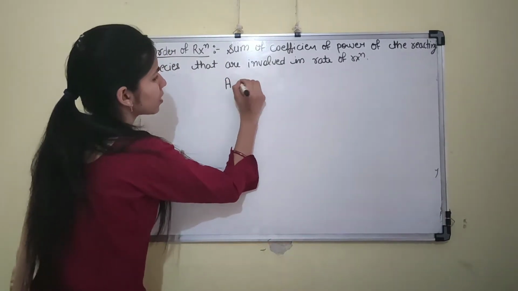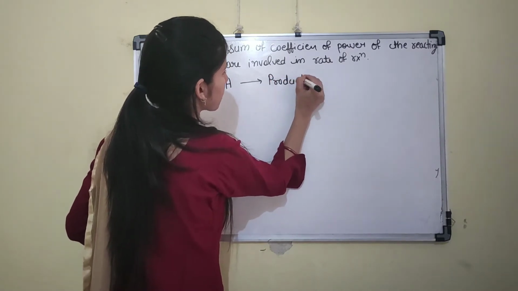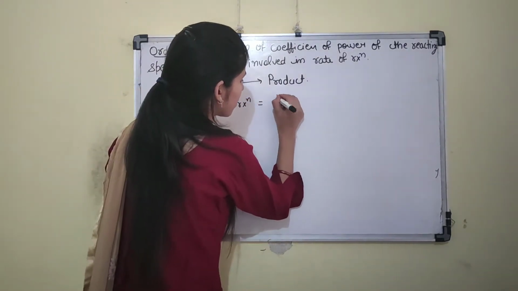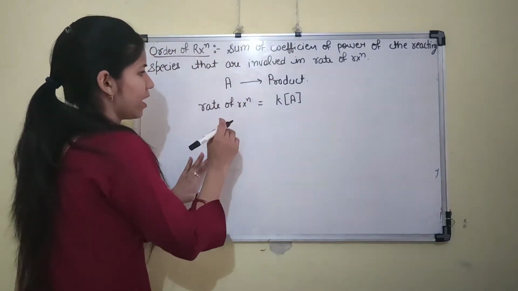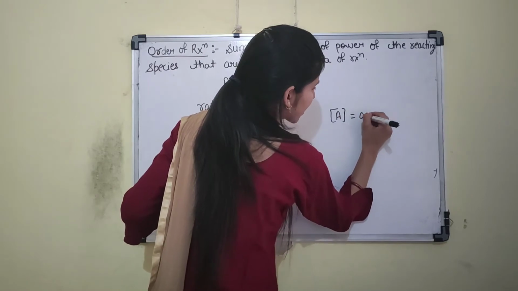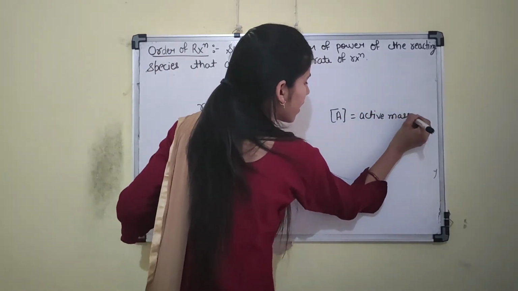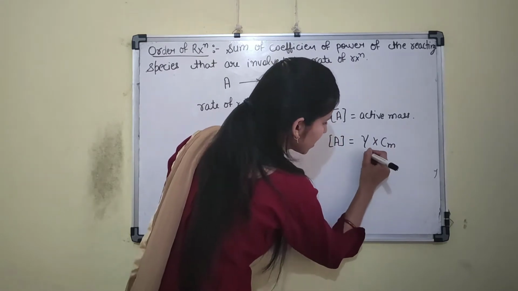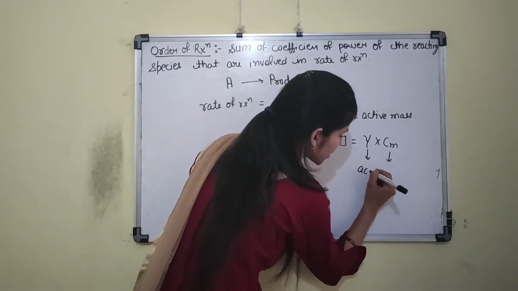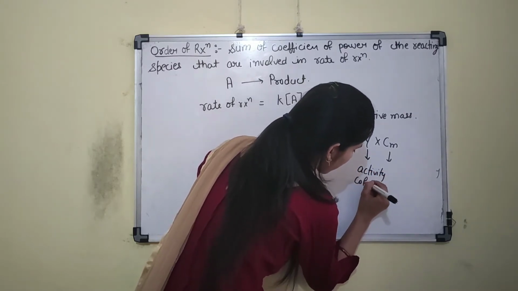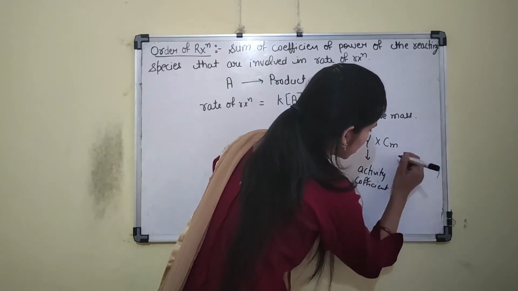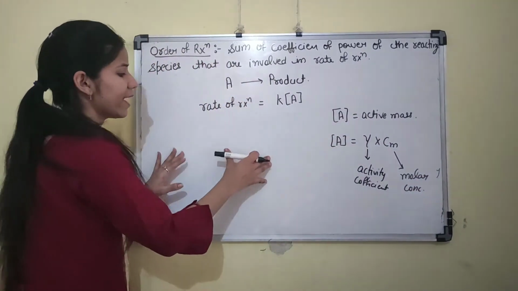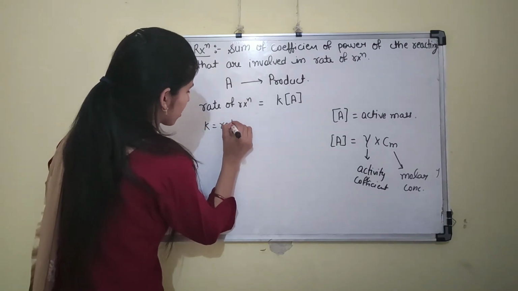For a reaction forming product, the rate of reaction equals K into A, where A is the active mass, and A equals gamma into Cm, where gamma is the activity coefficient and Cm is the molar concentration, and K is the rate constant.